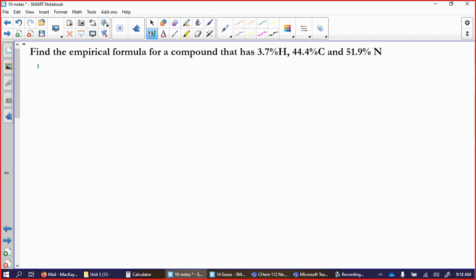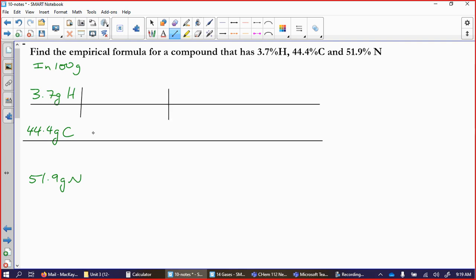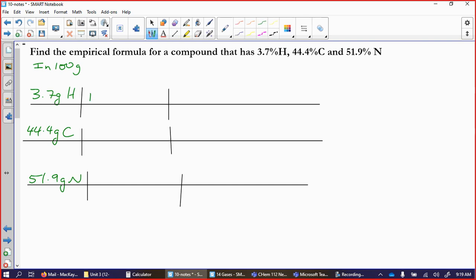By rights, in 100 grams, we have 3 grams of hydrogen, 44 grams of carbon, we do our conversion.